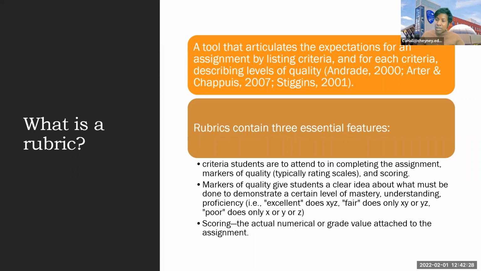We want our students to know what the requirement is for them to get an A, what the requirement is for them to get a B, a C, or what happens or doesn't happen that causes them to get an F. We want to make sure that our students are aware of our grading criteria and the student learning outcomes that we've set forth as a department, a program, or even as an instructor.